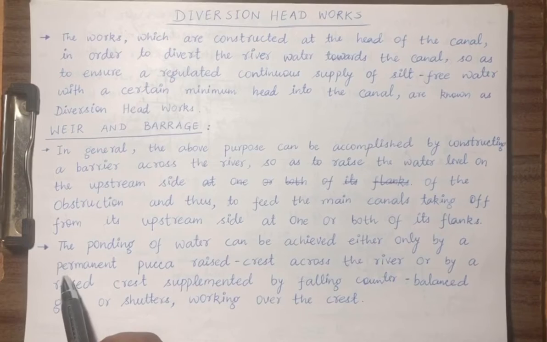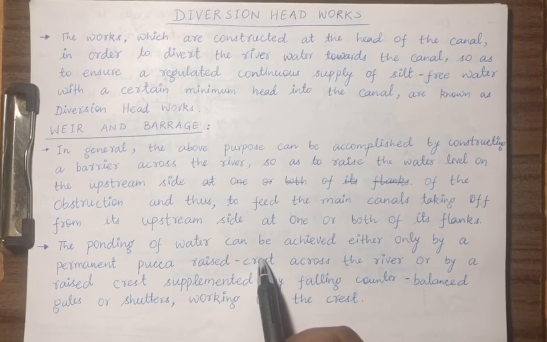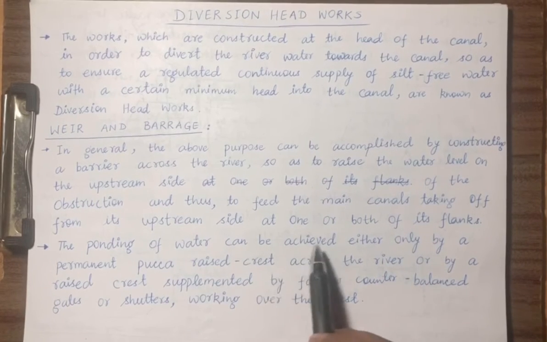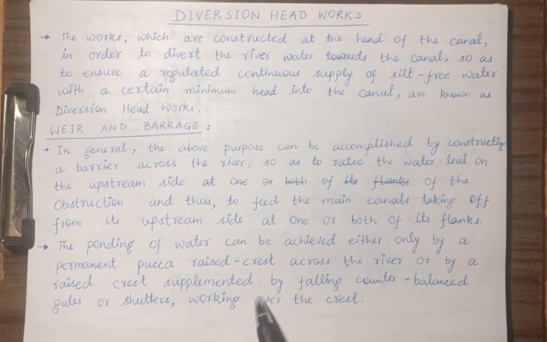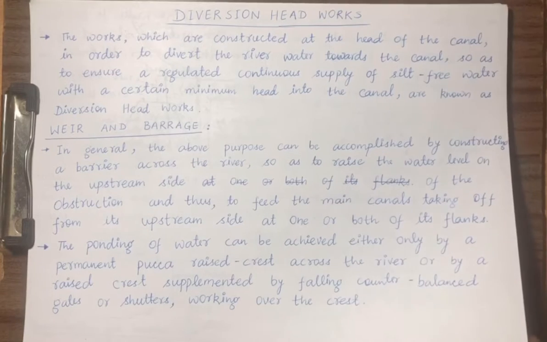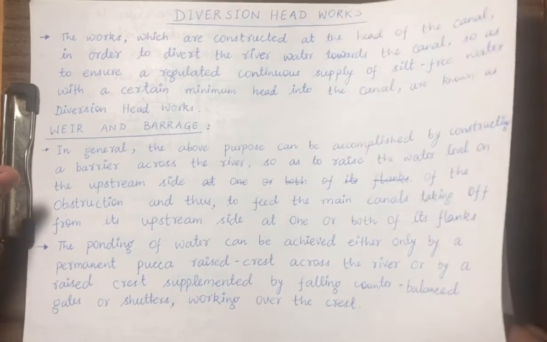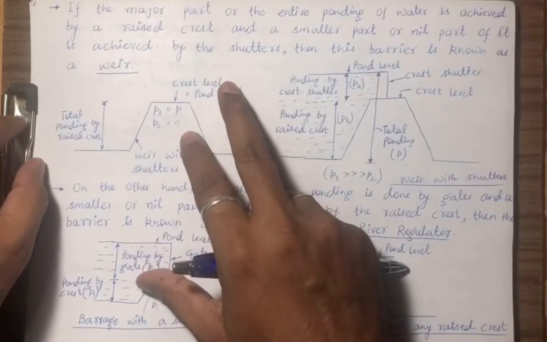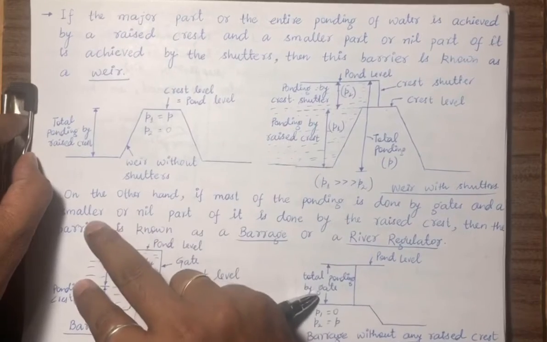So one way is to make a permanent pakka raised crest, or along with this, we can also provide gates and shutters working over the crest. So at the crest we can provide gates or shutters. We will see why these gates and shutters are being constructed.